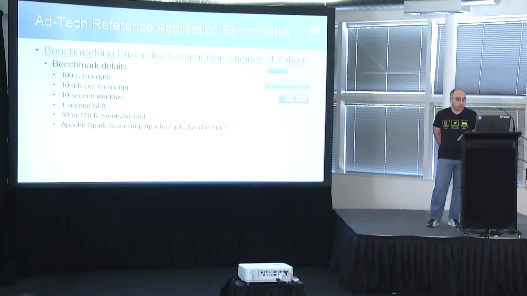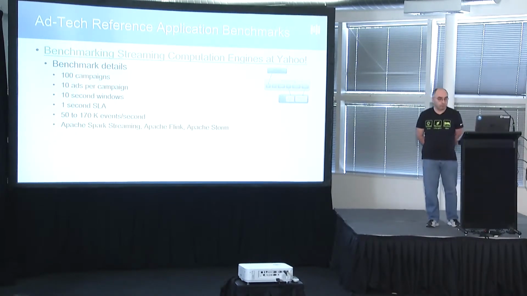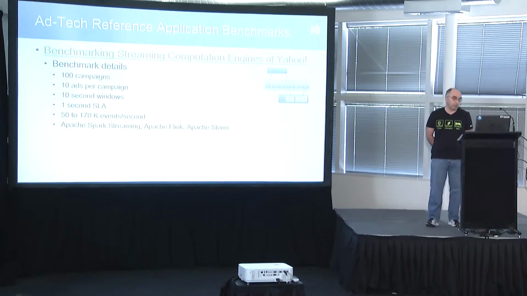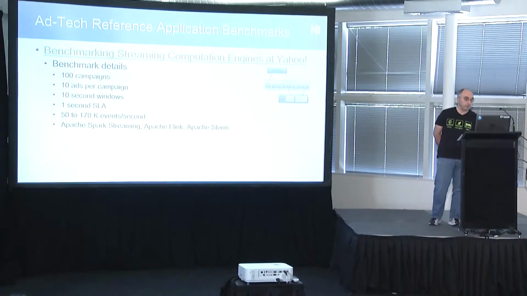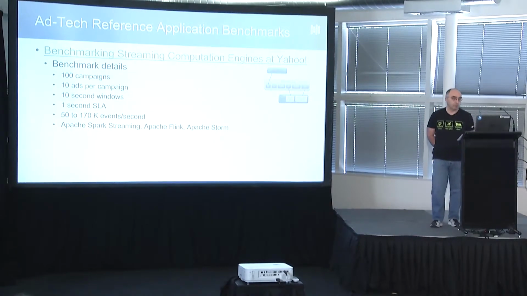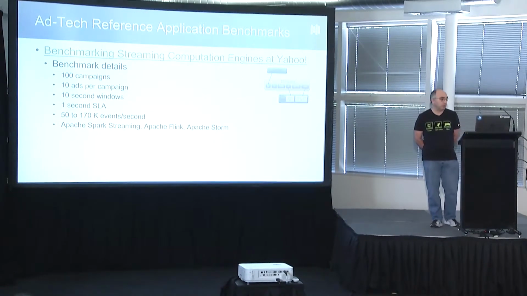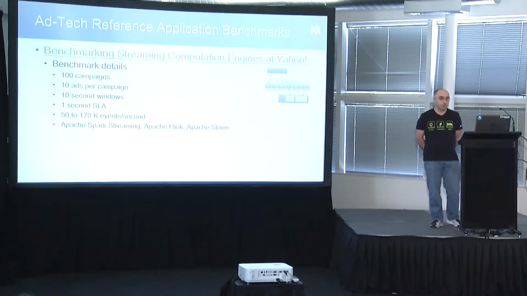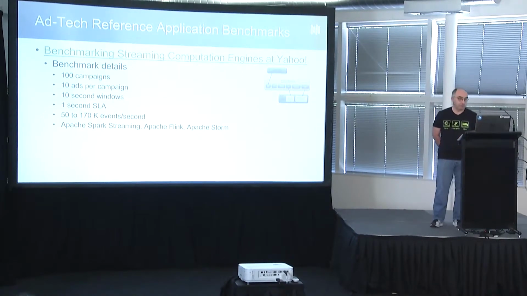So Yahoo performed a benchmark, right? And these are the parameters that they used. I would say it's not very impressive. It's a reference application, but I think in general it's on the lower side. Not that many campaigns, not that many ads. The number of events is not significant.